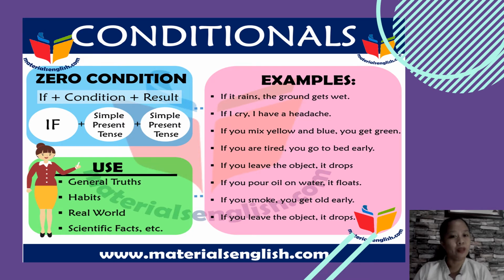So we have if plus simple present tense of the verb, and for the result, simple present tense of the verb also is used. For example, if it rains, the ground gets wet.